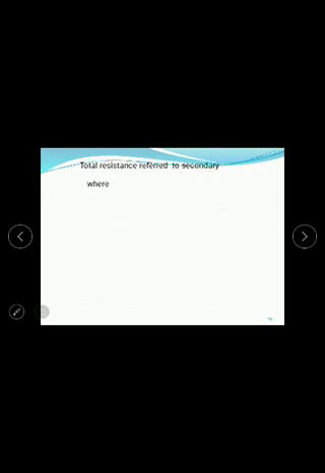The total impedance referred to primary, that is Z01, is equal to Z1 plus Z2 dash, and Z01 is equal to R01 plus jX01. The total resistance referred to secondary, R02, is equal to R1 dash plus R2, where R1 dash is equal to K square into R1.